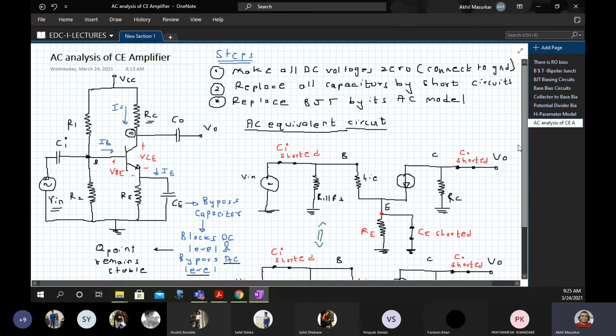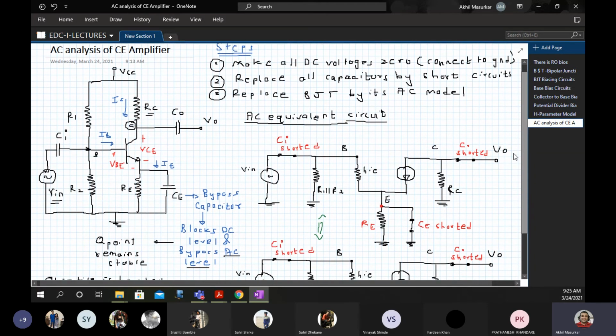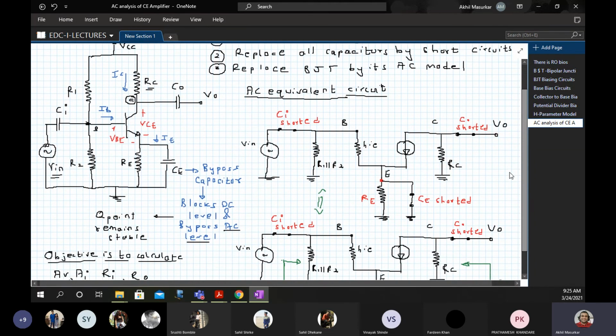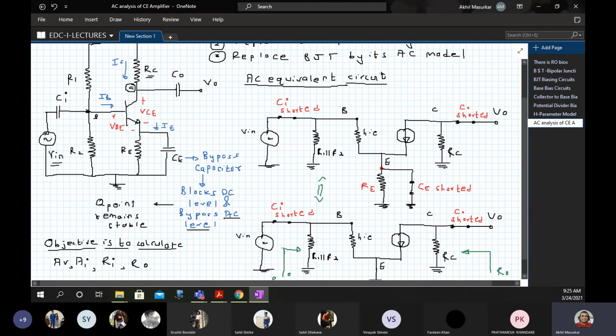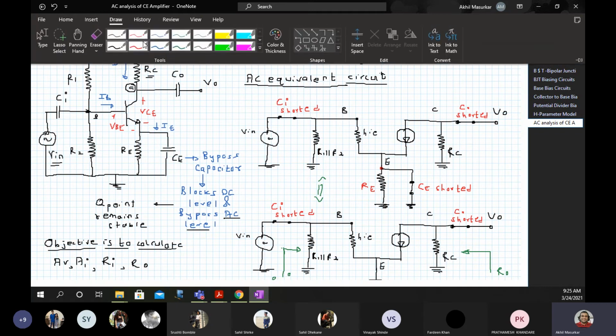So these three steps are important. Make all DC voltages zero, that is, connect to ground. Replace all capacitors by short circuits and replace the BJT by its AC model.